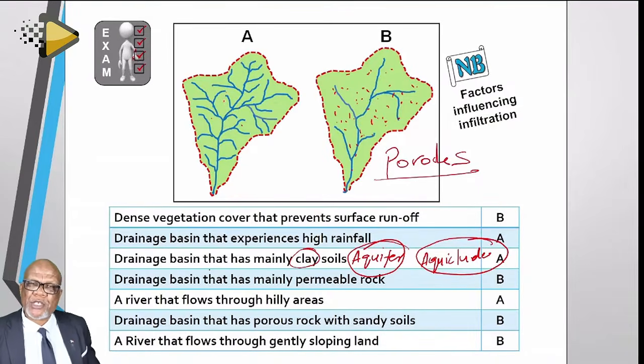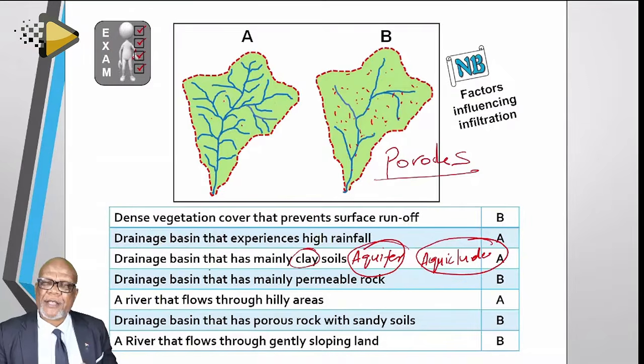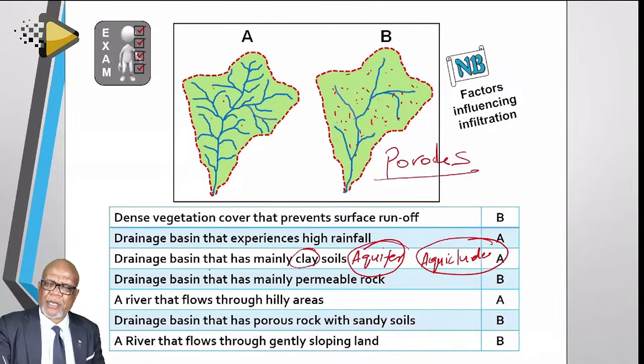So there is a relationship between porosity and permeability. The higher the porosity, the higher the permeability. Porosity simply refers to the pore space per unit area. Here there are many pore spaces per this area, but here there are fewer.